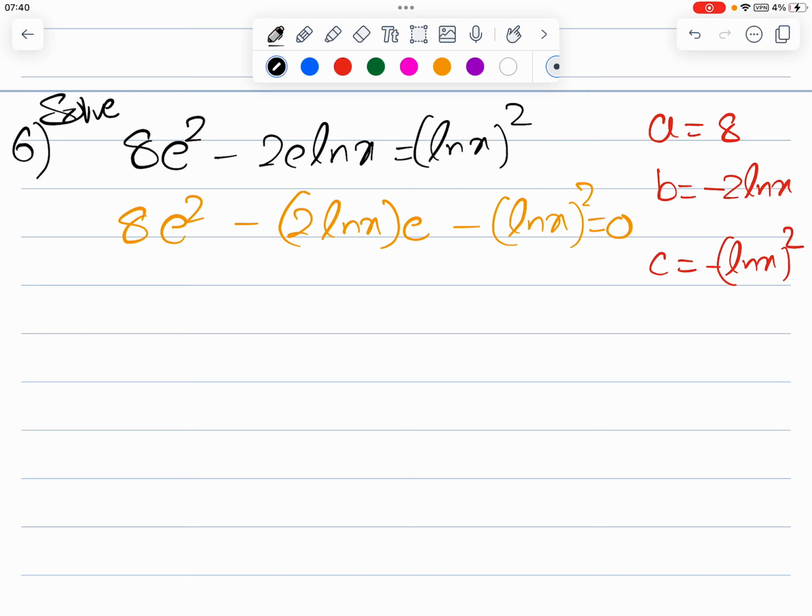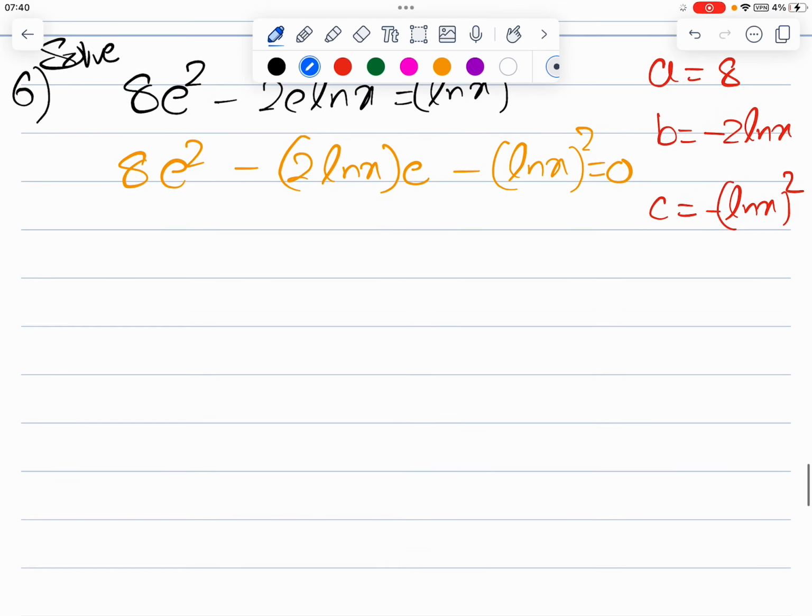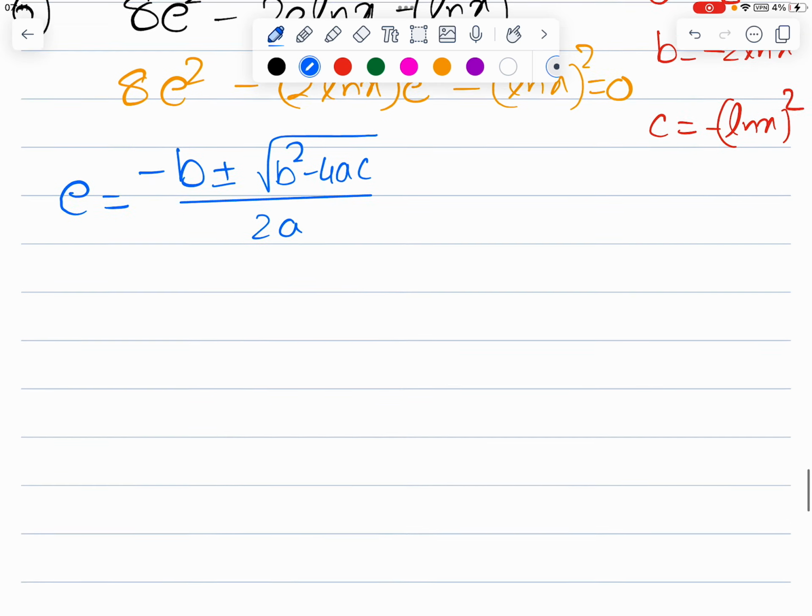So I am going to use the quadratic formula, or you can factorize it out. I use the quadratic formula, minus b plus or minus square root of b^2 minus 4ac upon 2a, for finding the value of e.